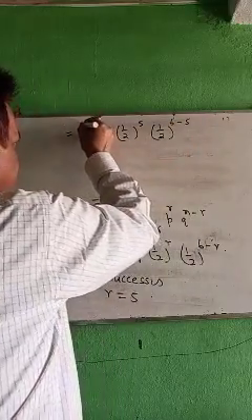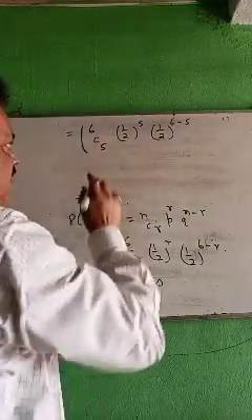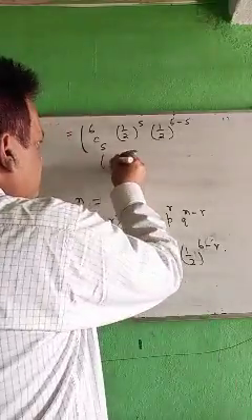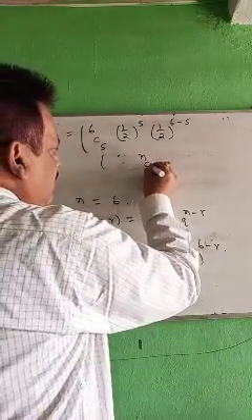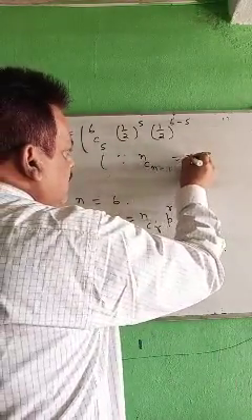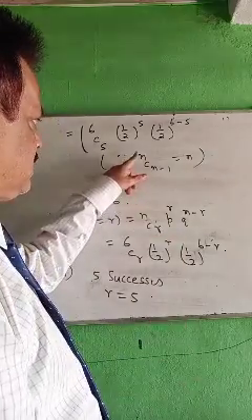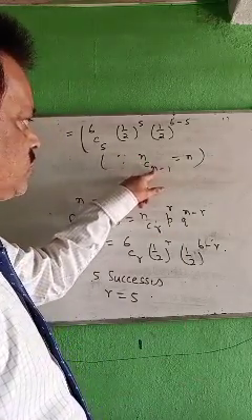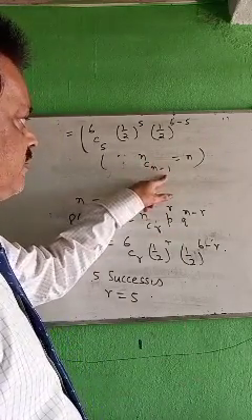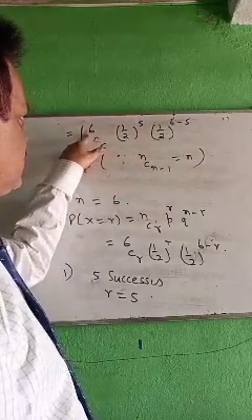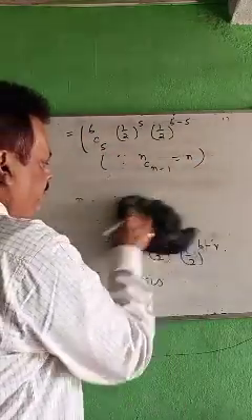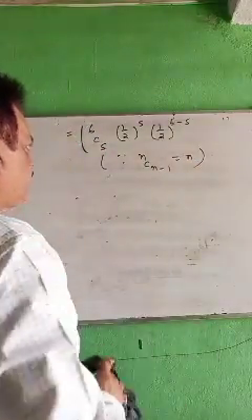Listen here about this part, 6C5. Since NC(n minus 1) is N, 6C(6 minus 1), that is 6C5, is N, means this is 6. So this will be 6 for us.